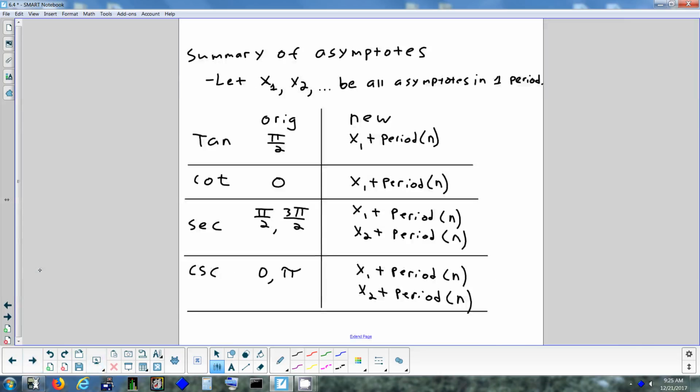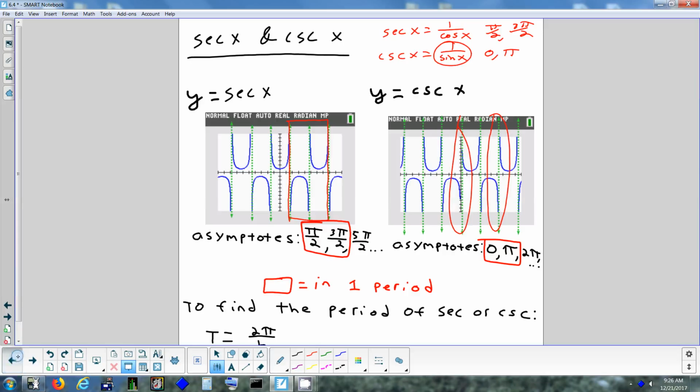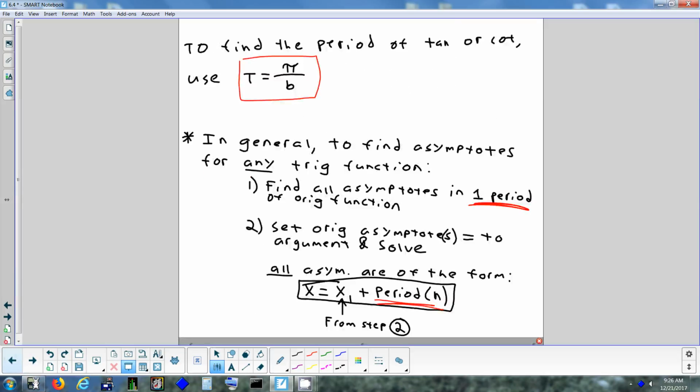This table summarizes everything we've talked about with asymptotes. The column on the left are all the original asymptotes for tangent, cotangent, secant, cosecant. They're all the asymptotes in the first positive cycle. The column on the right tells you how you get the new asymptotes. This x1 and x2, all these numbers that I have written here, those are all calculated using step 2 from that slide.